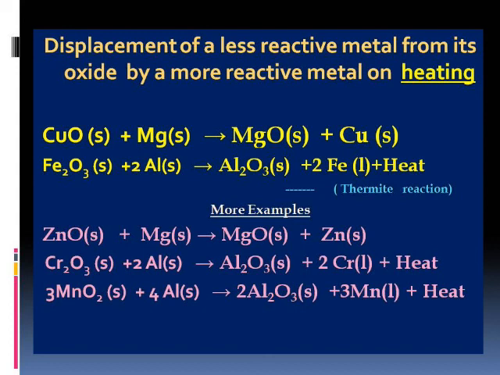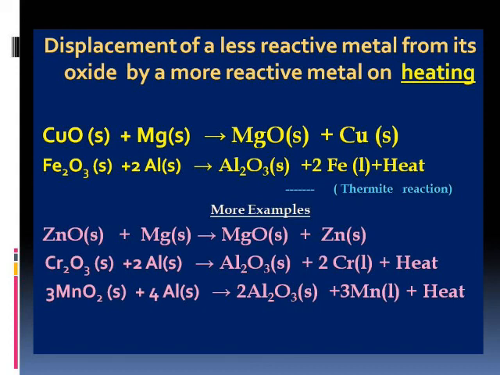For example, when copper oxide is heated with magnesium powder, then magnesium oxide and copper are formed. In this reaction, magnesium, which is more reactive than copper, is able to displace copper from copper oxide.